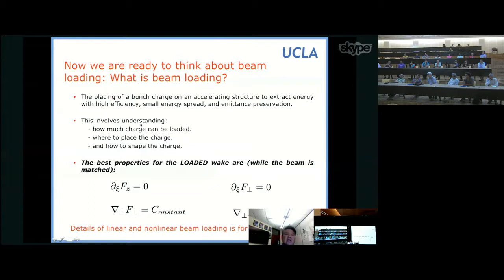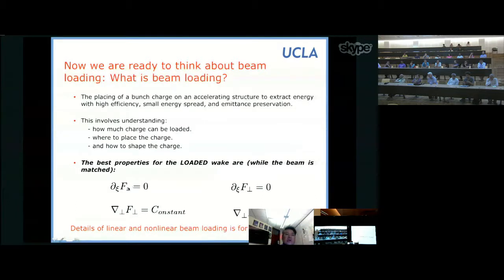Okay? So this involves understanding how much charge can be loaded, where to place the charge, and how to shape the charge. And I stress that when you go through all of this, you do not want the accelerating field to depend on where you are in the wake, and you do not want the accelerating field to vary across the beam.